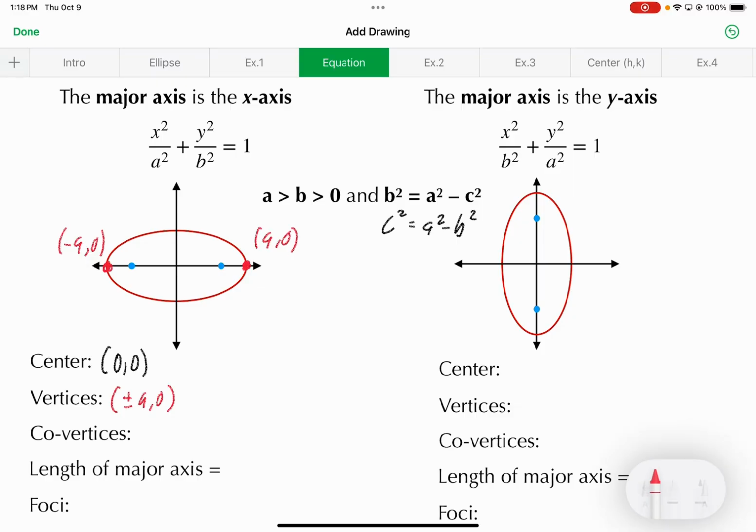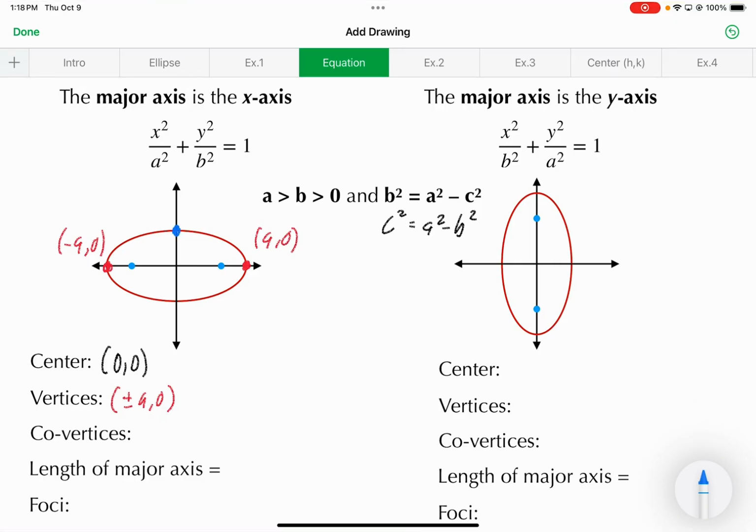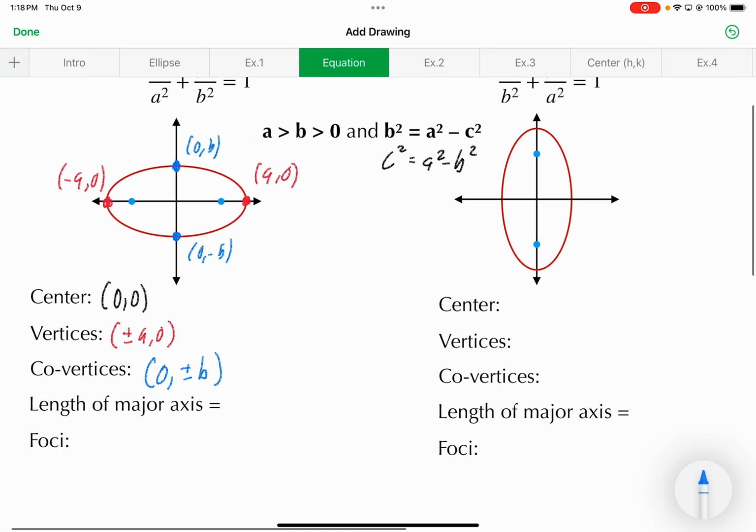That's going to relate to b. So they're up here and here: 0, b and 0, negative b. But we're talking about y values now, so I put it in my y spot. My co-vertices are 0, plus or minus b. What would be the length of my major axis? It would be 2 times a. Very good. The length of that major axis is 2 times our a value.